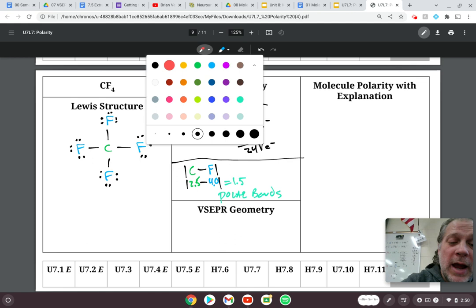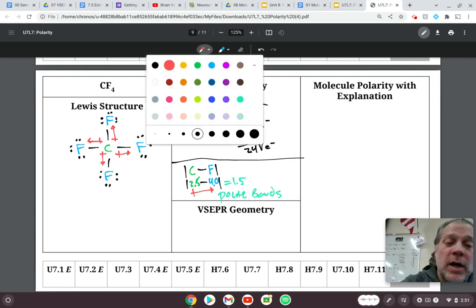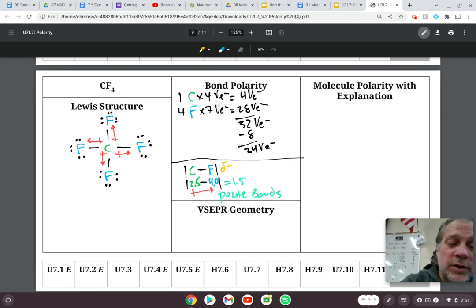So I'm going to draw my dipole arrow towards the more electronegative element. So that's going to look something like this. And I'm going to use partial charges to indicate that the fluorines are going to be delta negative, or partially negative, and the carbons are going to be partially positive. So negative, negative, negative, negative, and then this is going to be slightly positive. I should do that better.